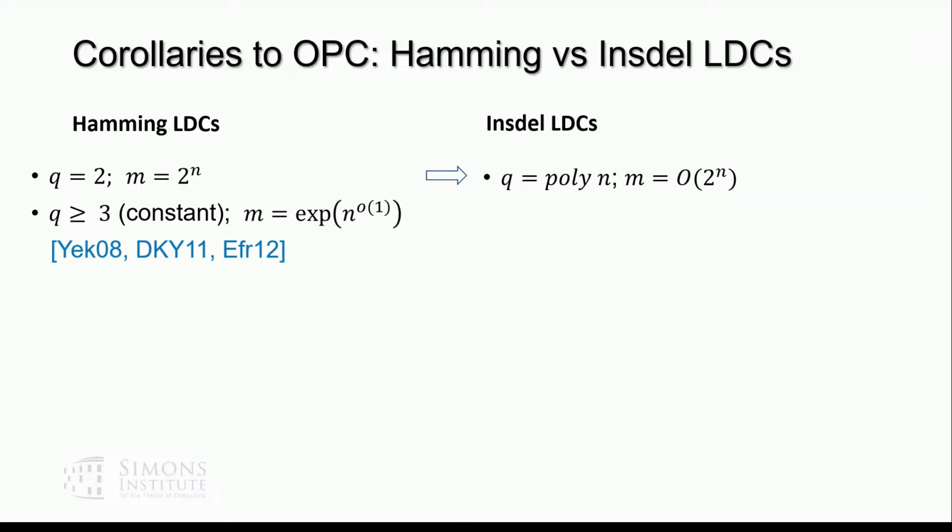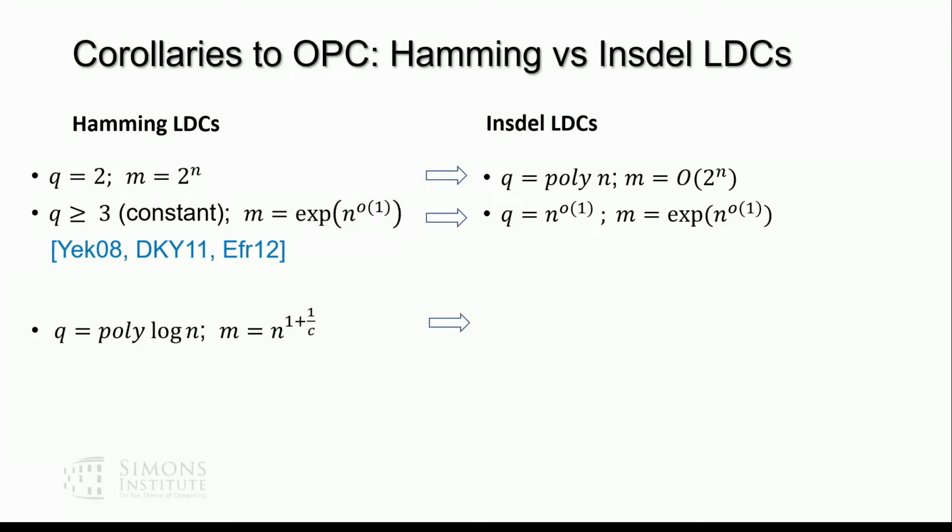For constant query complexity, the upper bound is sub-exponential here, but because of the blow-up, we get pretty bad rate in the transformation as well. And the only regime where things start to be interesting is this polylog m regime, where you get polylog query INSDEL LDCs with message length that is sub-quadratic.